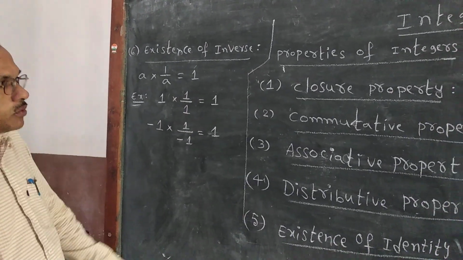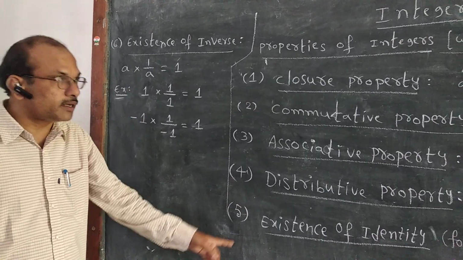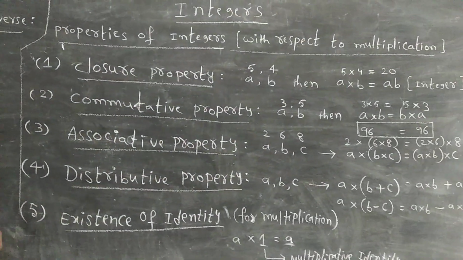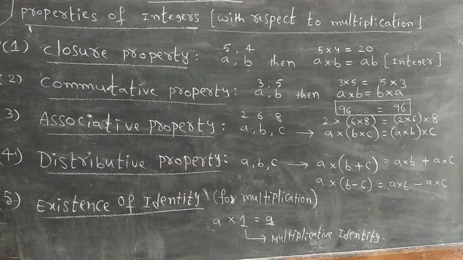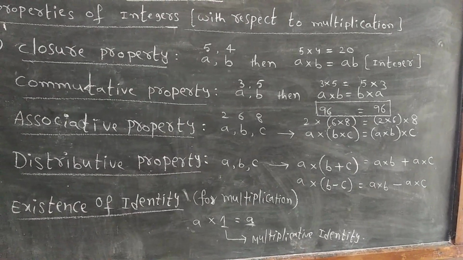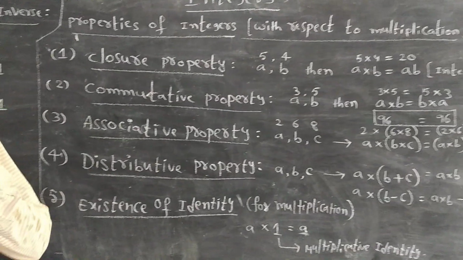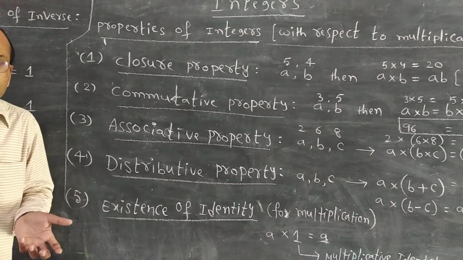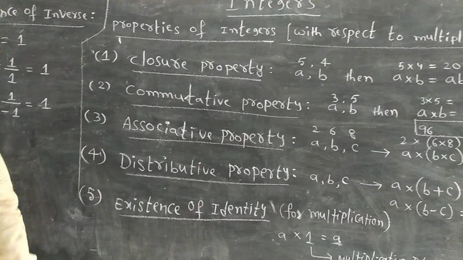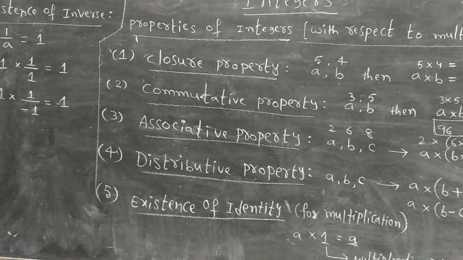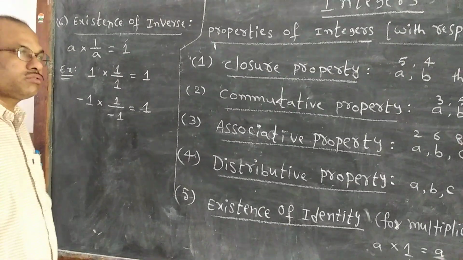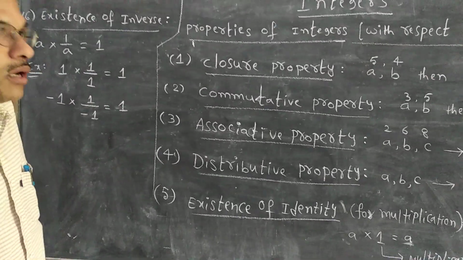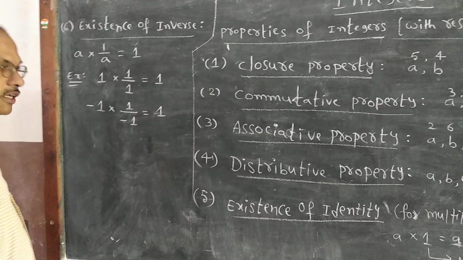So we need to understand all the properties related to the integers. These are needed for us. When we multiply the integers, we will use them. There is a last part which we need to discuss, that is the product of an odd number of negative numbers and the product of an even number of negative integers.